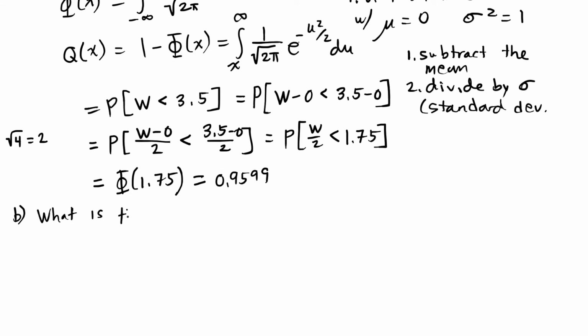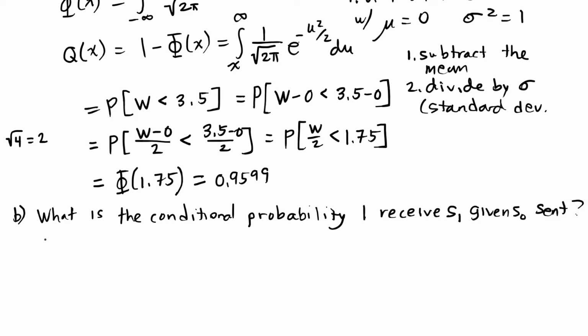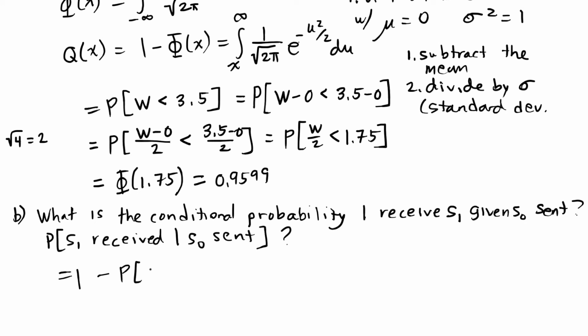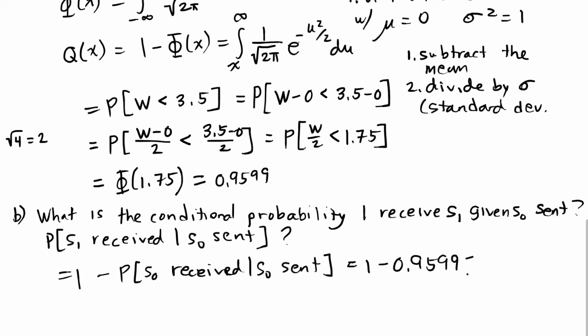Second question is going to be, what is the conditional probability I receive S1 given that S0 was sent? It's the same question as before, except that instead of asking about receiving an S0, I'm asking about now receiving the wrong symbol, the S1 symbol. So if it was a probability of 0.9599 that I got the correct symbol, then it's going to be 1 minus that for the probability of receiving the wrong symbol.